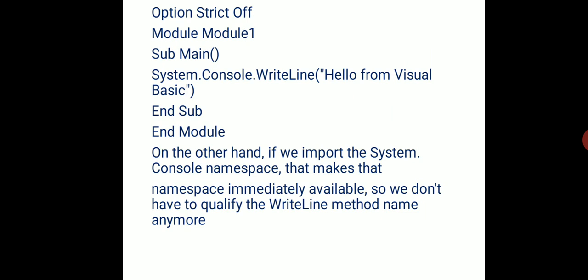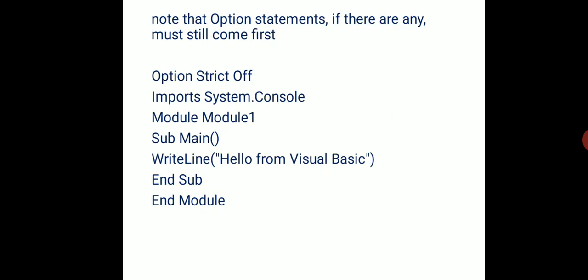If we import the System.Console namespace, that makes the namespace immediately available. While using import statements, the option statement should come first. That is, option strict off, then imports System.Console.